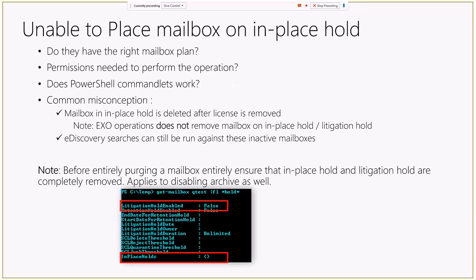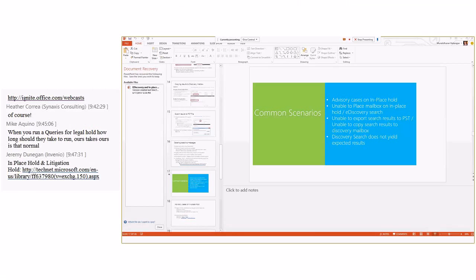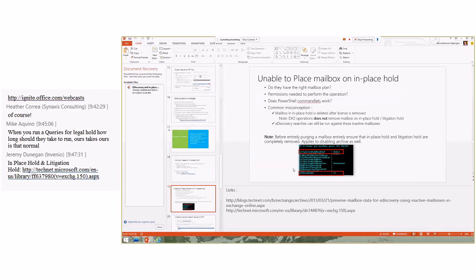If you want to entirely purge a mailbox, make sure that in-place hold and litigation hold are completely removed. It applies to disabling the archive as well. If you place a mailbox on in-place hold and then try to disable the archive for the mailbox, you will see an error against the user object in Office 365 users and groups, and it'll probably give you a correlation ID.